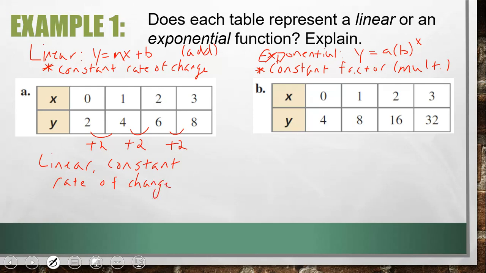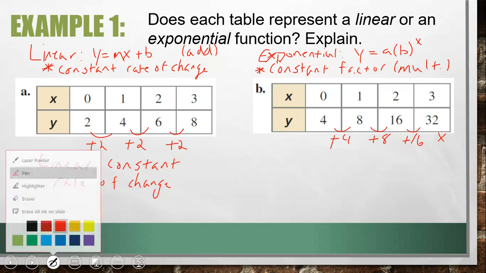If I go to the next example in B, if I try addition, 4 plus 4 is 8, but 8 plus 4 is 12. I'm really going up by 8 each time, and then I'm going up by 16. So it's obviously not linear, okay? It doesn't have the same constant rate of change. I went up by 4, and then I went up by 8, and then I went up by 16, so it's not linear.